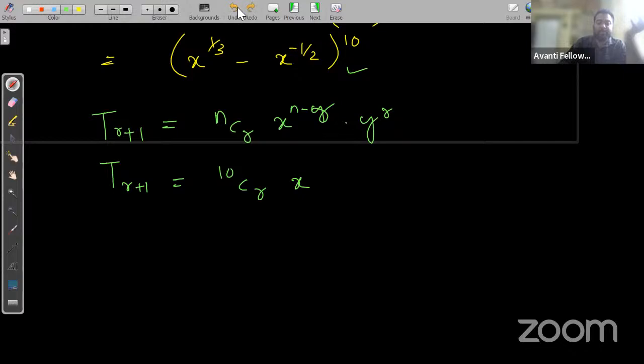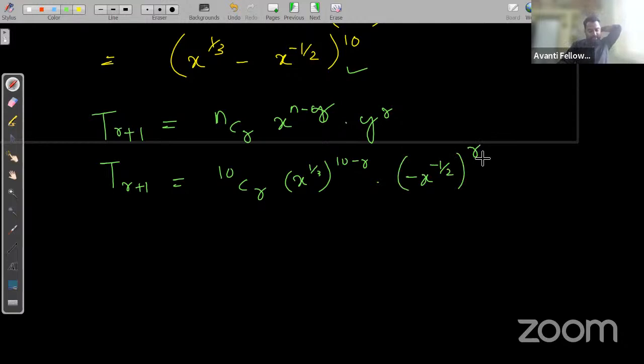So in place of x, what we are having? X to the power 1 by 3 to the power 10 minus r into y. In place of y, we are having minus x to the power minus 1 by 2 whole to the power r. It is having or not?